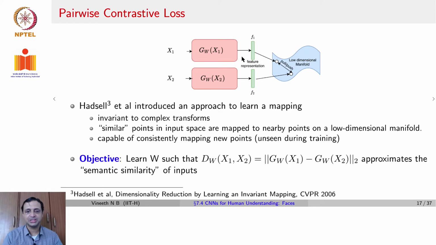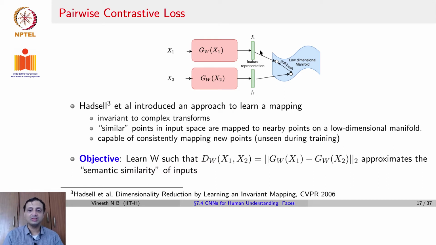So this representation that you get as output of your CNN is also called an embedding. Generally these embeddings have a lower dimensionality than the image itself. The image could be a 200 cross 200 image, whereas the embedding could just be a 1000 dimensional vector or a 4000 dimensional vector.